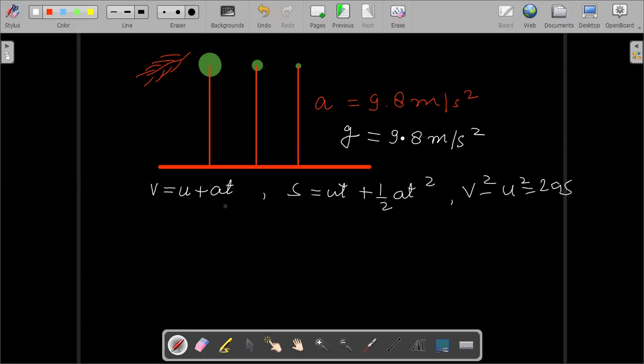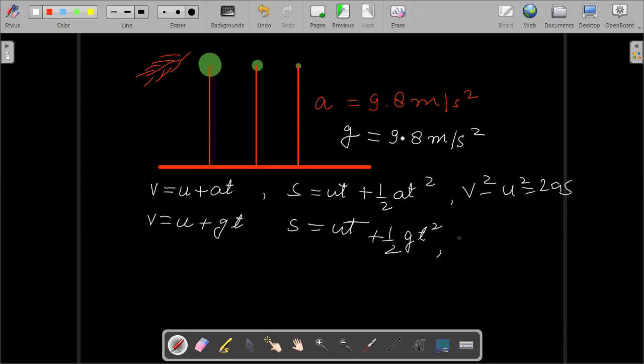So in place of A, we'll just replace it with G. So V equals U plus GT. The second equation will change like this: S will be equal to UT plus 1 over 2 GT squared.